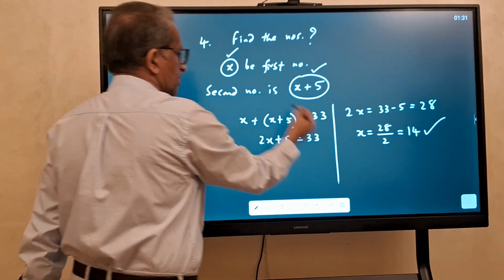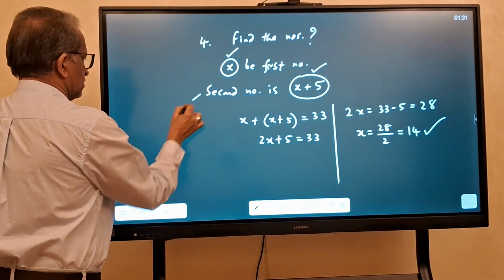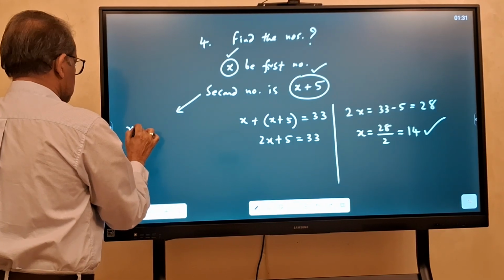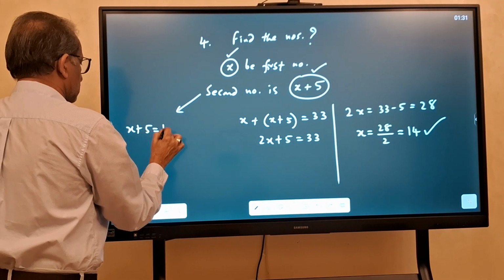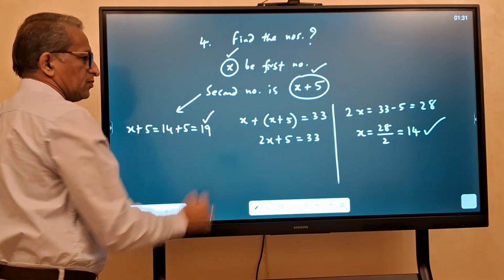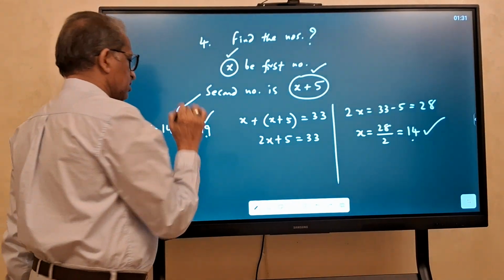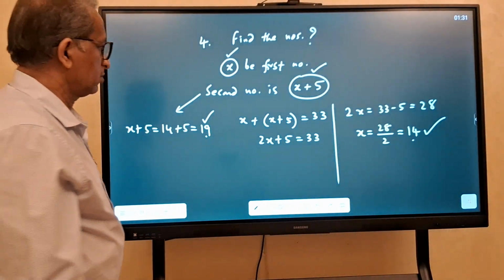So the first number is 14. Then what would be the second number? The second number will be x plus 5, that is 14 plus 5, that is 19. So the two numbers are 14 and 19. How to check?